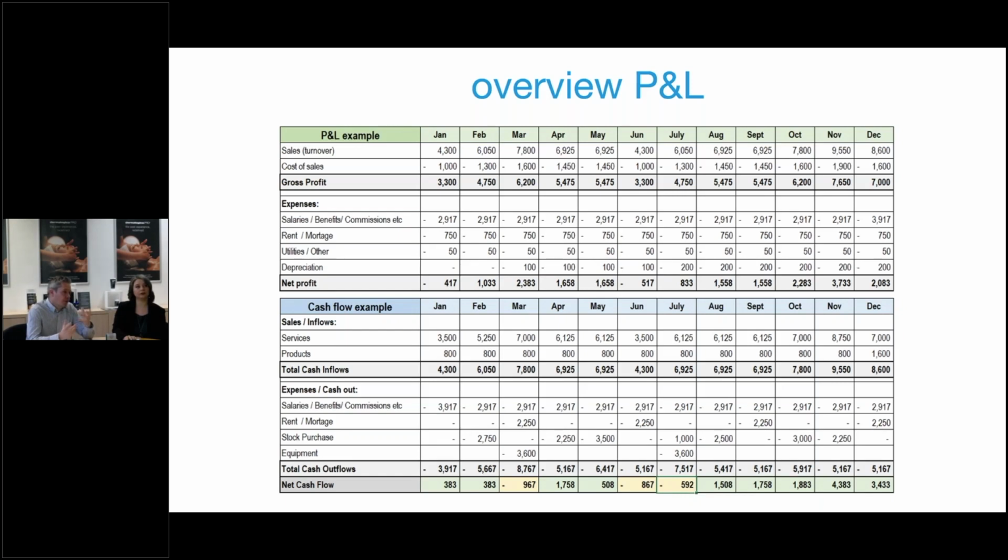Okay. Then gross profit and net profit, worth a quick word on that. So gross profit is the profit you make after giving a treatment or selling a product without any of the other sort of cost base in there. It's anything directly related to giving that treatment or selling that product. That would be your gross profit.